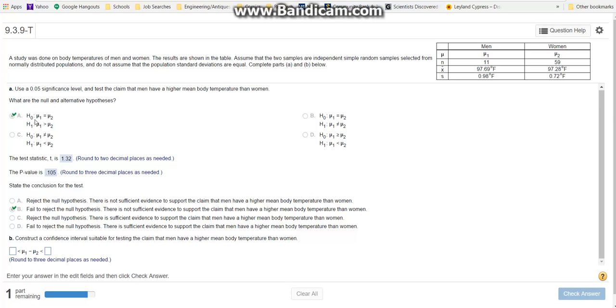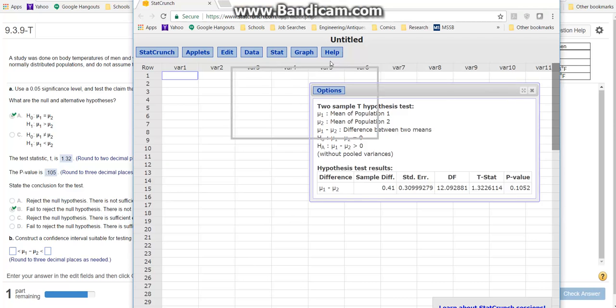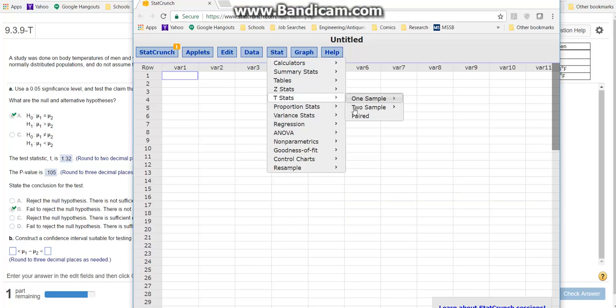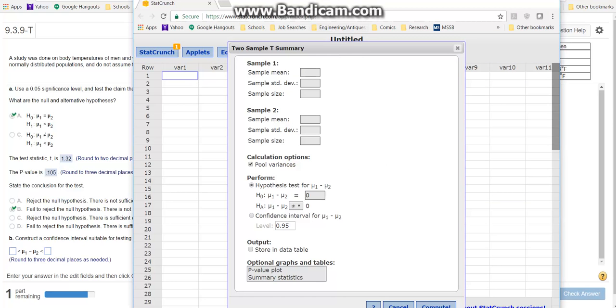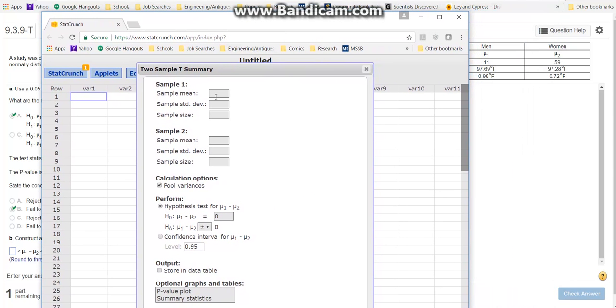So let's go back to StatCrunch and then go back to Stat, T Stat, Two sample, With summary. We'll have to re-enter the data again. So 97.69, 0.98, 11, 97.28, 0.72, 59. And now we're going to use a confidence of 0.9.